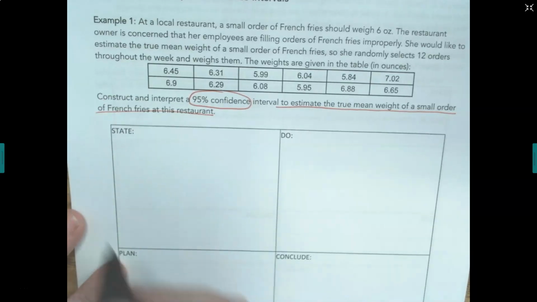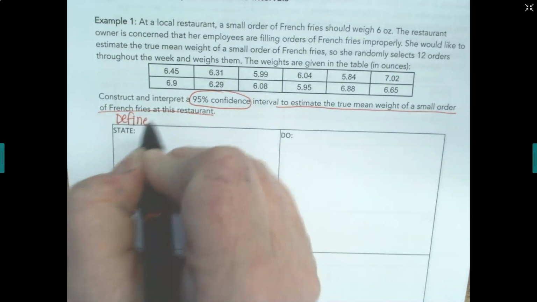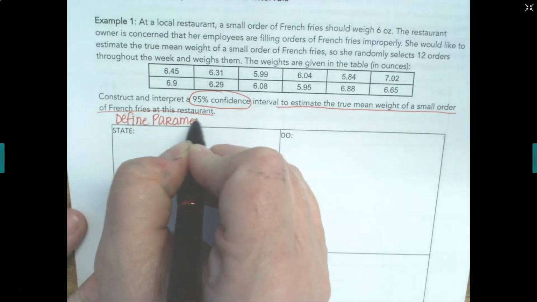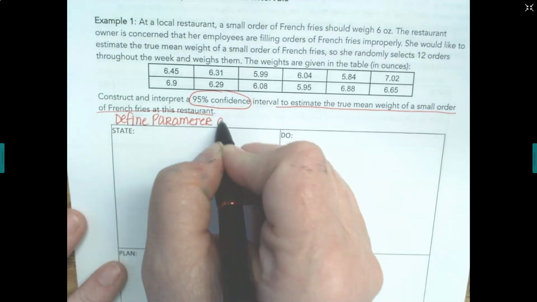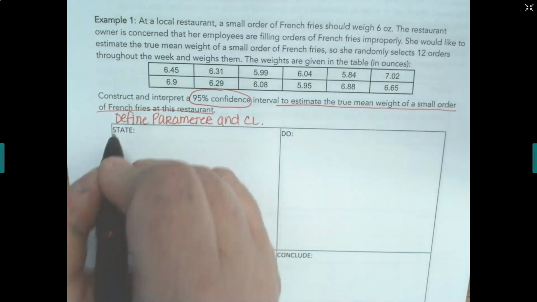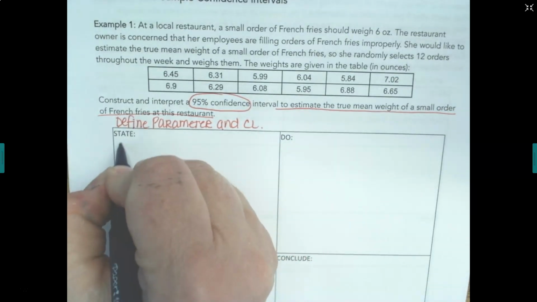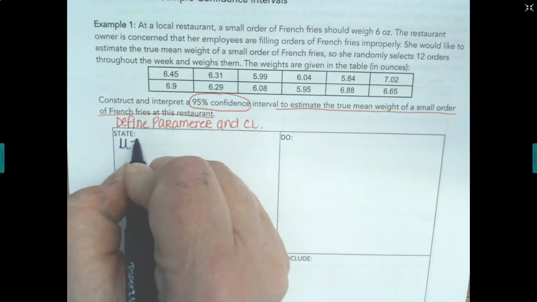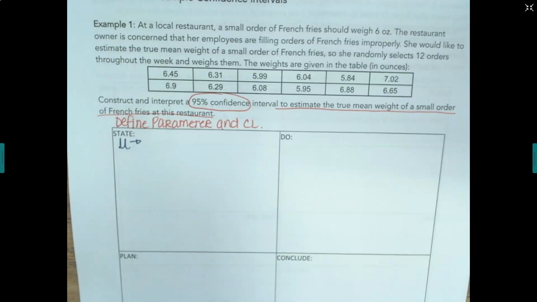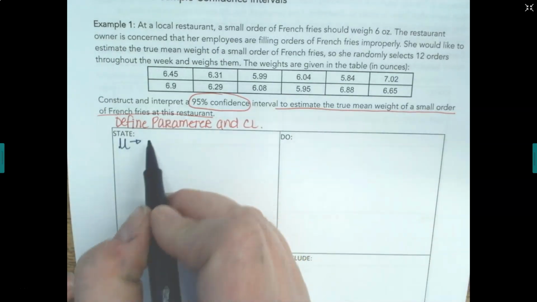In our state portion, you want to be sure you define your parameter and write down your confidence level. So we're talking about means here. Because we're talking means, our parameter is going to be mu. You want to make sure you use the correct notation here. And right there, it tells you exactly what to write.